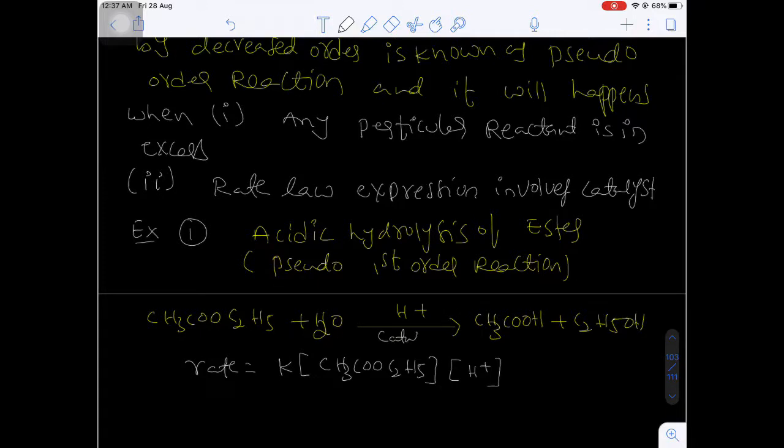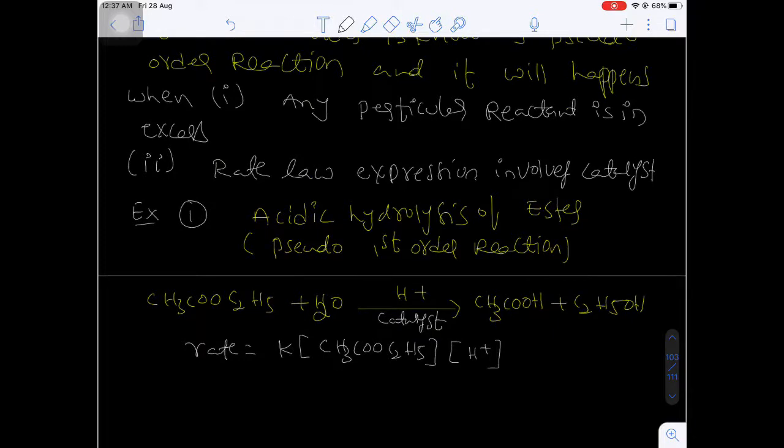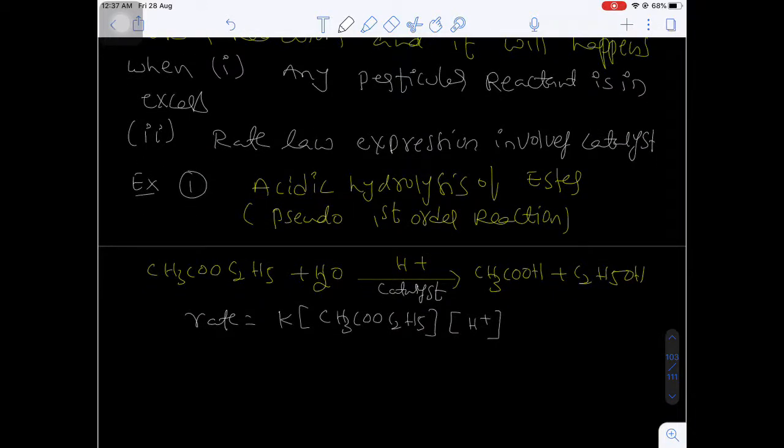Here H plus ion acts as a catalyst. Now in this rate expression, the concentration of the catalyst will be constant throughout the reaction.